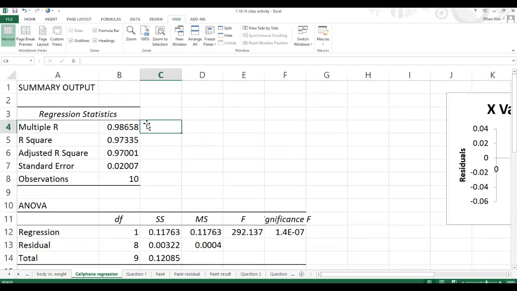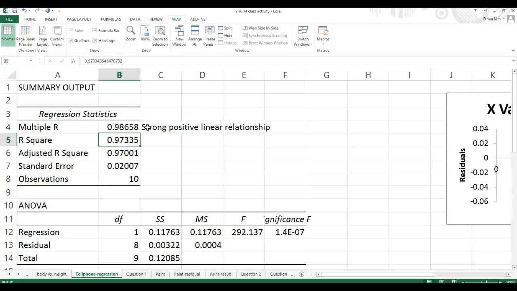So this is saying that there is a strong positive linear relationship. Okay, and before doing anything, we have to look at R to see if it makes sense.